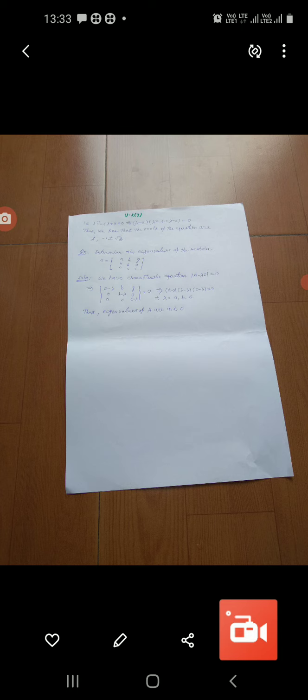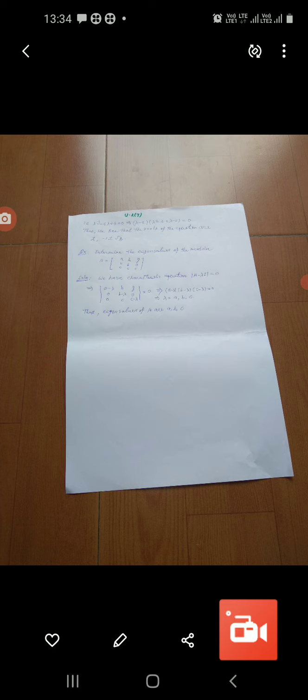So write down the determinant with first row a minus λ, h, g, second row 0, b minus λ, 0, and third row 0, c, c minus λ. And this is equal to 0.